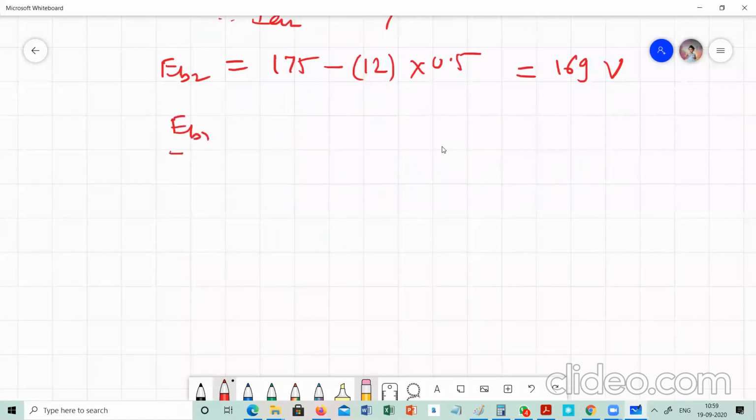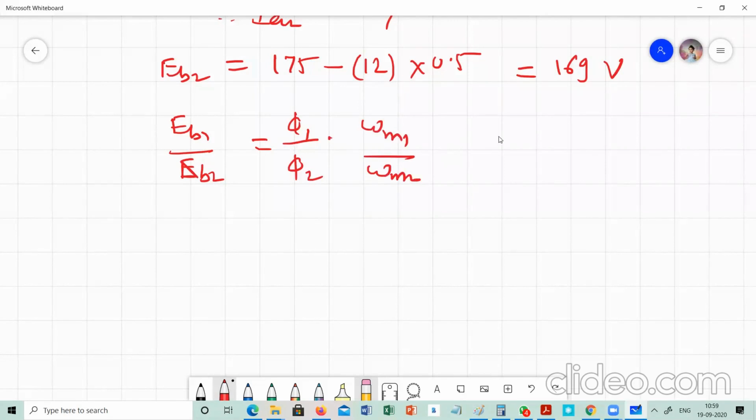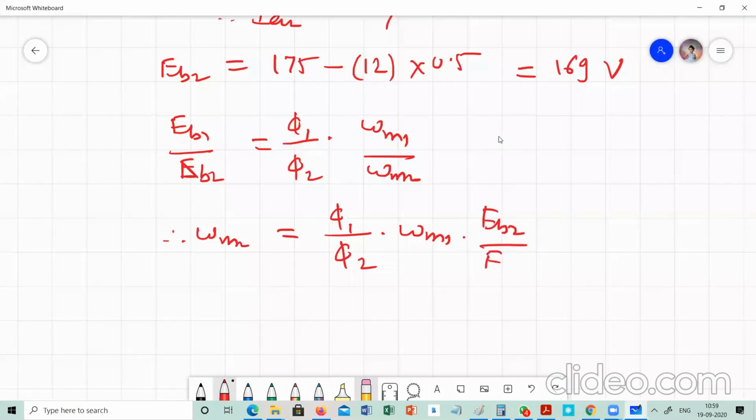EB1, I will write that equation once again. EB1 by EB2 is equal to phi1 by phi2 into omega m1 by omega m2. We have to calculate omega m2. Therefore, omega m2 is equal to phi1 by phi2 into omega m1 into EB2 by EB1.